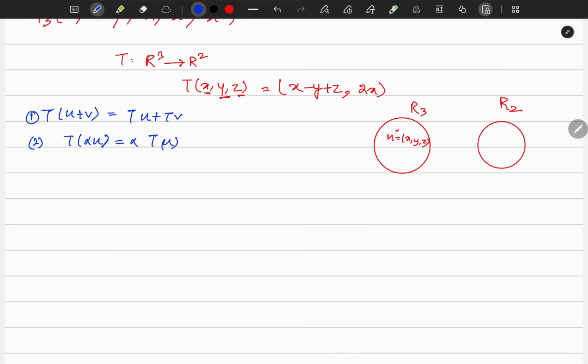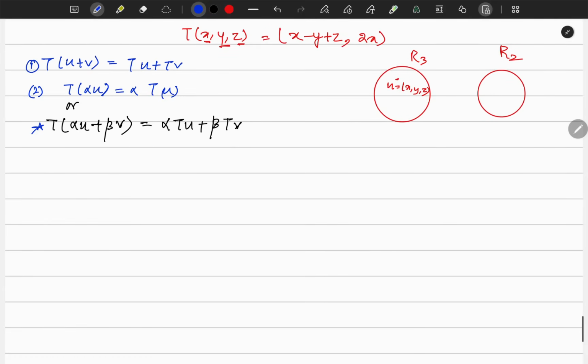Or you can proceed in one step only: T of alpha u plus beta v should be equal to alpha T of u plus beta T of v. Okay, clear? Let's do it.